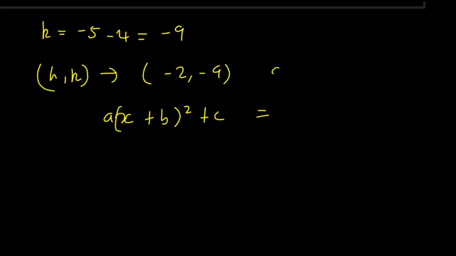So a was 1, so it's x plus b, which is minus 2, squared, plus c, which is minus 9.